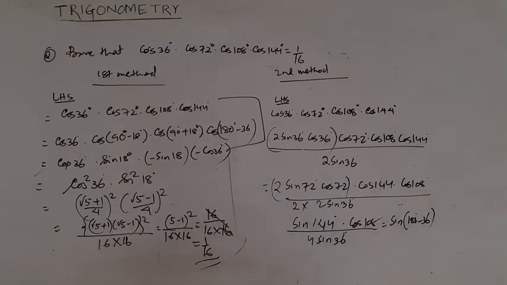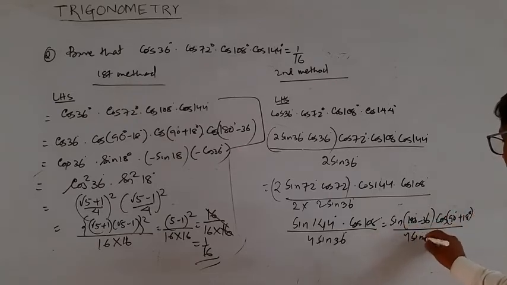Okay, and this is what? Sin 90 plus, that is cos 90 plus 18, divided by 4 sin 36. So this is equal to what?